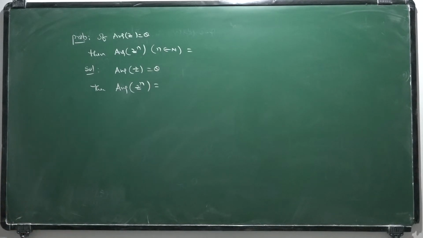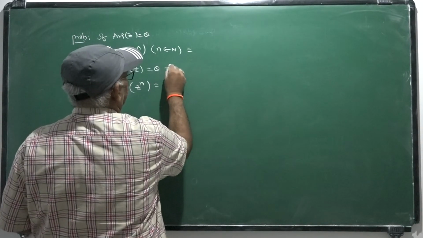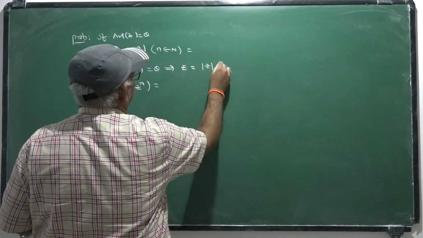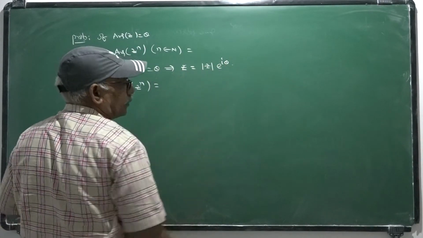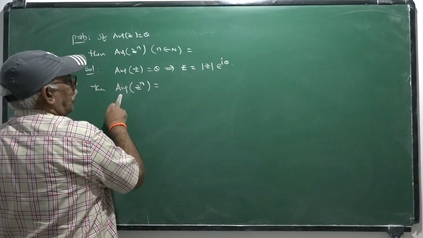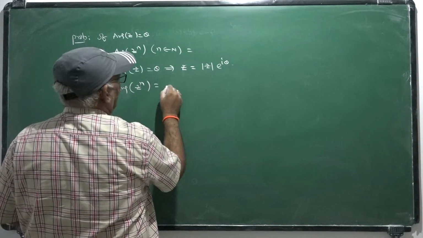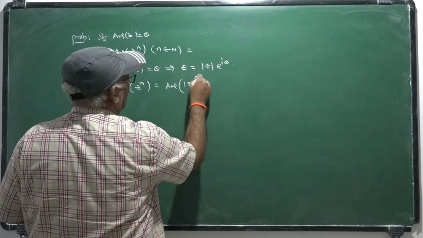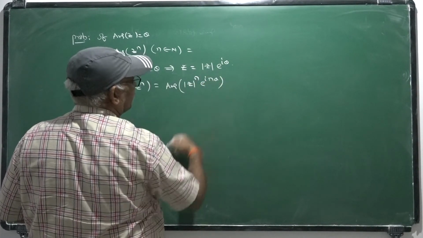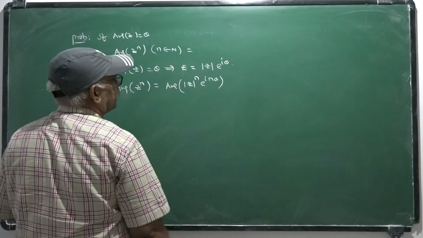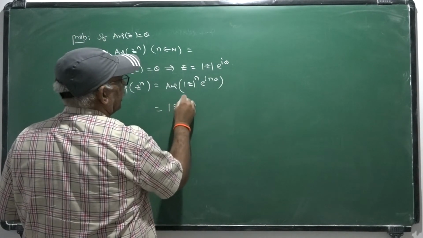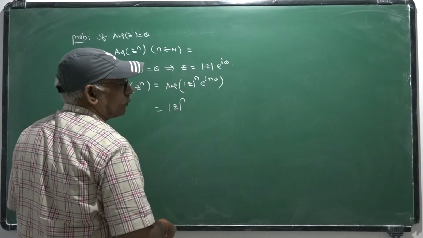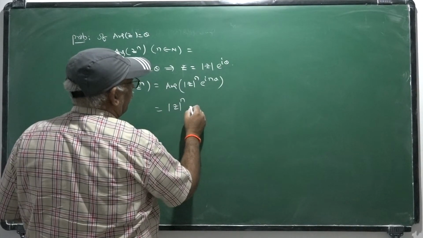of course, you can take Z as mod Z into e power i theta, since its argument is theta. So argument of Z power n is argument of mod Z power n into e power i n theta itself.